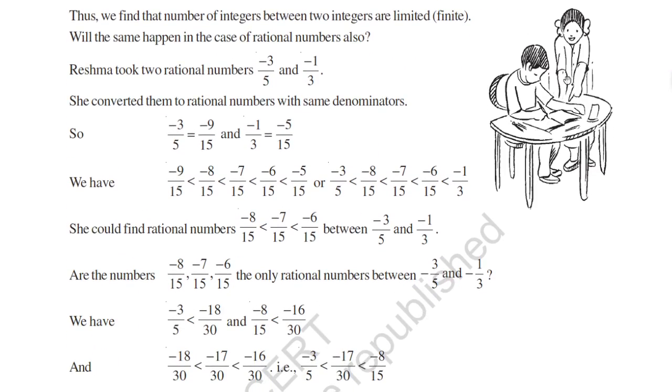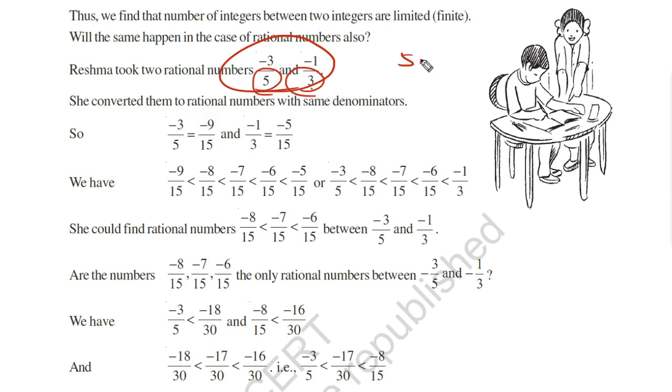Suppose we have to find rational numbers between minus 3 by 5 and minus 1 by 3. Okay. So for this, remember what we are doing in the fractions case, we are identifying the denominators. So in this case, the denominators are 5 and 3. So you are used to finding the LCM of these denominators.